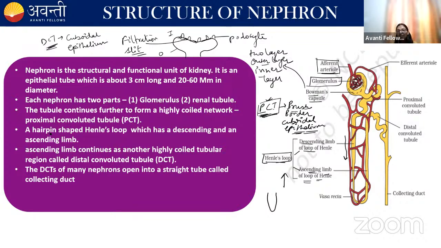For example, if you are suffering from diarrhea, then a large amount of water is lost from our body. In this case, the DCT and the collecting duct perform conditional reabsorption in the presence of hormones. NaCl will be reabsorbed in the presence of aldosterone, and water will be reabsorbed in the presence of ADH, which is vasopressin or antidiuretic hormone.